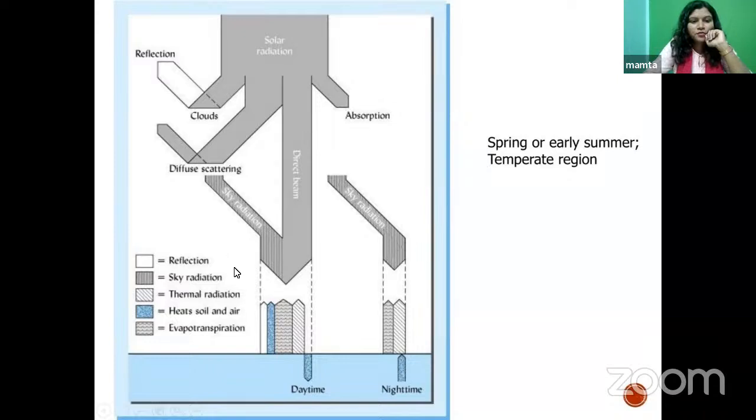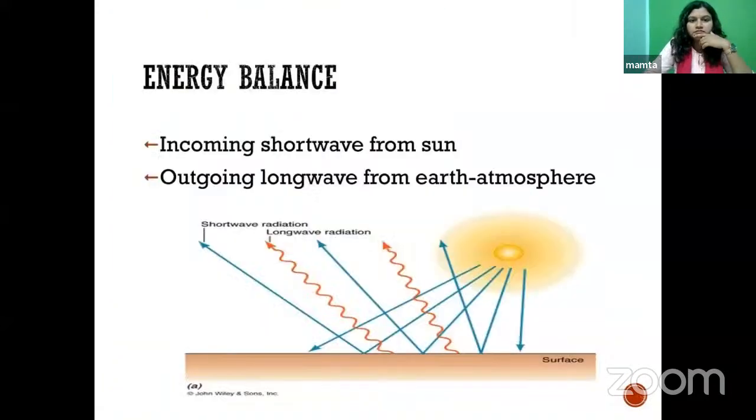Here are different forms of the radiations. You will see thermal radiation, heat, soil and air, and evapotranspiration. It is the heat balance kind of thing, where from the upper side it is coming, and from the lower side these forms are going out from the soil. And here it is the energy balance.